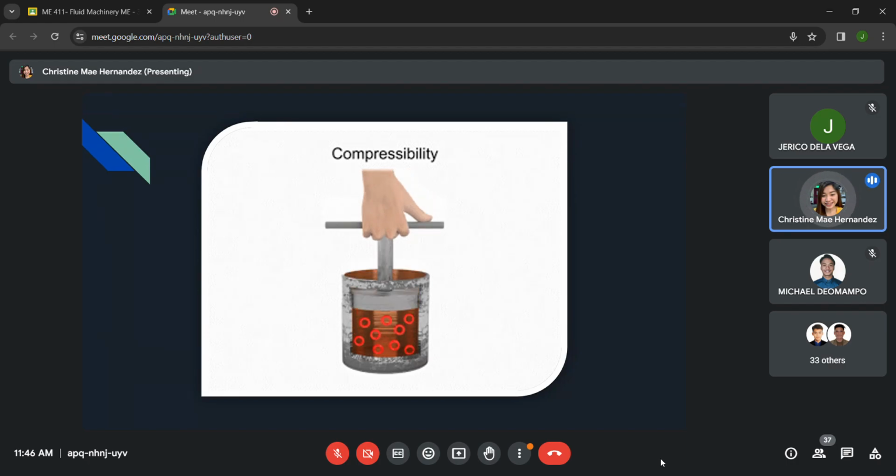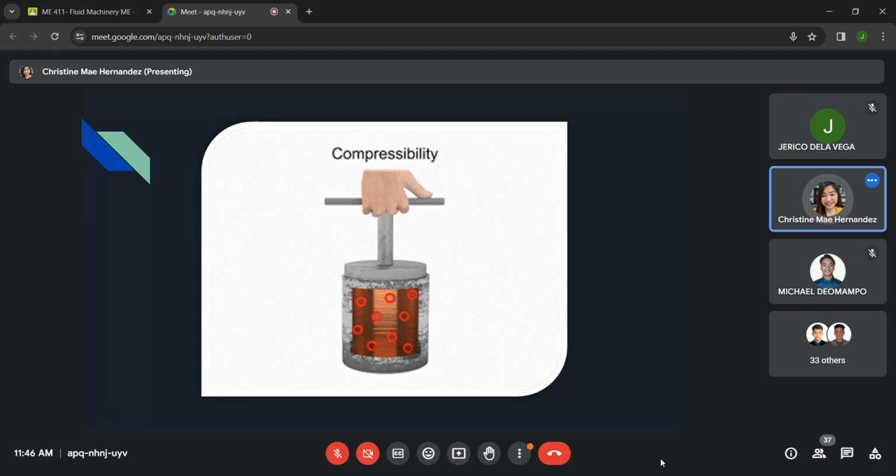All materials, whether solid or fluids, can change their shape under the application of external force or stress. In case of fluid, the force is generally termed as pressure.